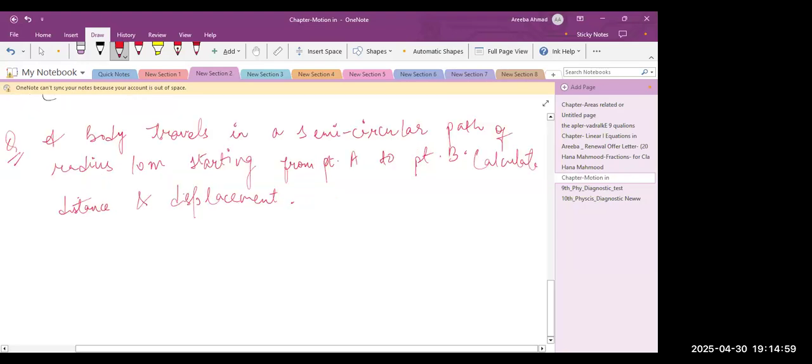All right. So in what shape is my path? Semicircular. What is the radius? 10 meter. One point is A, the other point is B. Calculate the distance and the displacement.